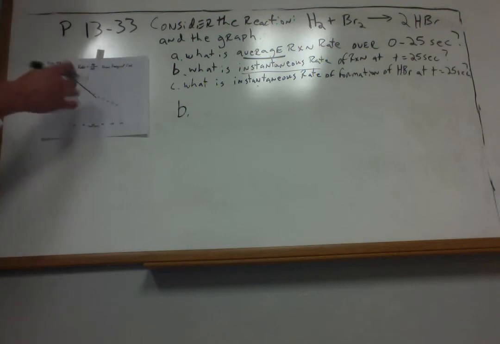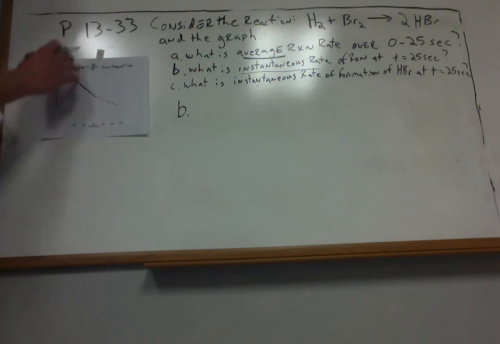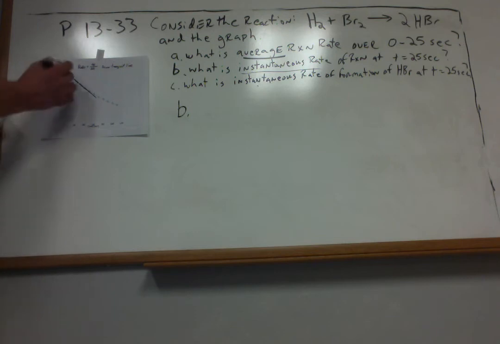Then we do a little bit of graphical analysis, rise over run, to figure out the slope of this line, because the slope of that line is consistent with the rate right at that 25-second point. And that's what I want to know for part D, that instantaneous rate right there.